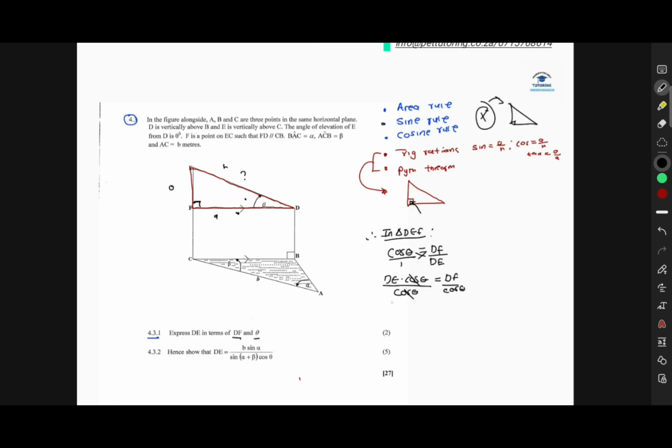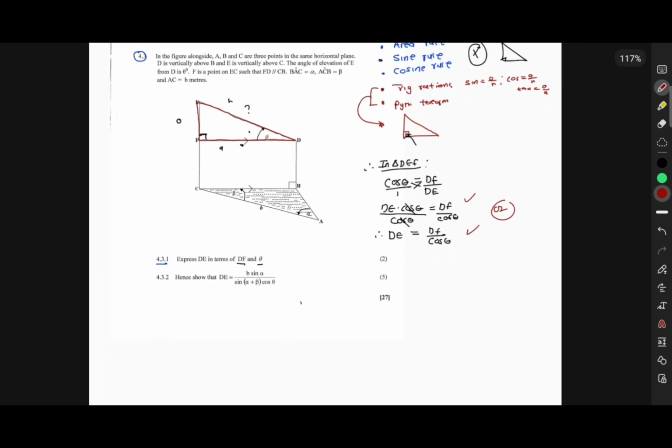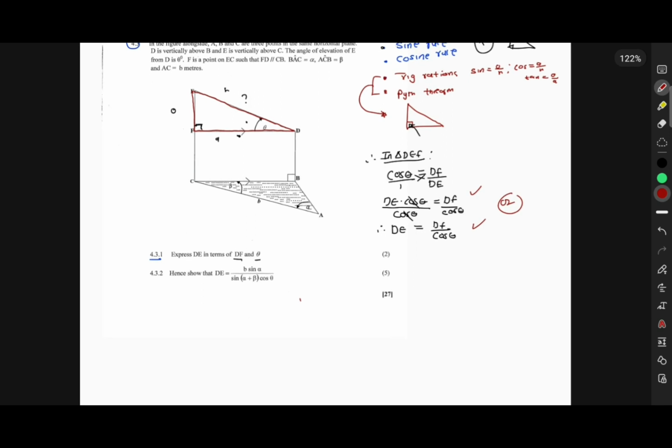This and this will cancel out. Then my final answer will be DE equals DF divided by cos theta. This is how we solve it, guys. You get 1 mark, then you have 2 marks for this. Done.